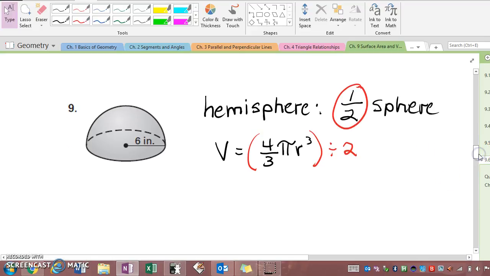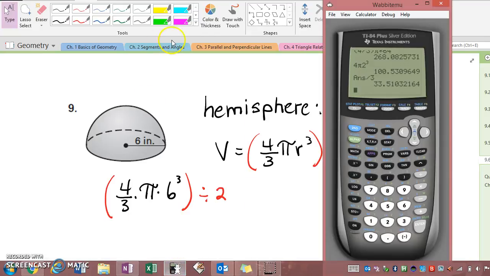So let's go ahead and try this. Okay, so we're going to say 4/3 times pi times radius cubed. And then once we get that answer, we're going to cut it in half because it's a hemisphere. Let's clear this out. So again, I can put this in a couple different ways.